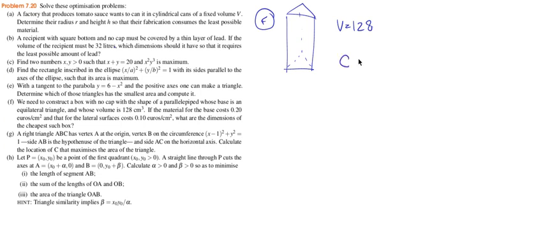So the cost here is a function that we want to minimize. It's 0.20 times the area of the base plus 0.1 times the area of the lateral surface. And we are always working in centimeters, so that's fine.